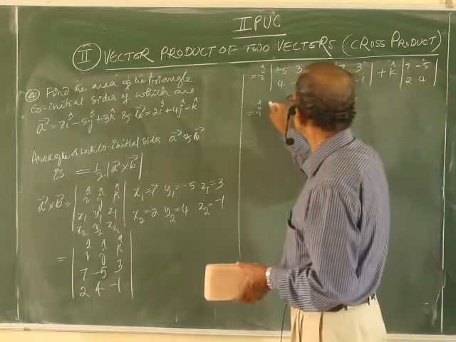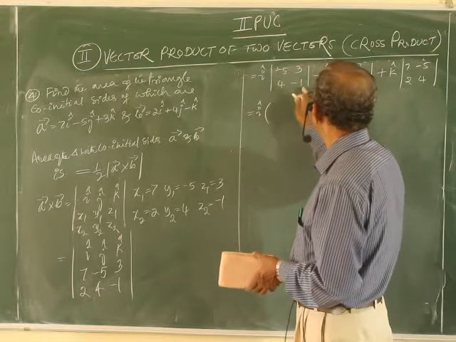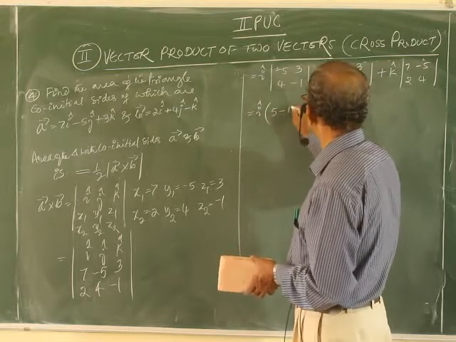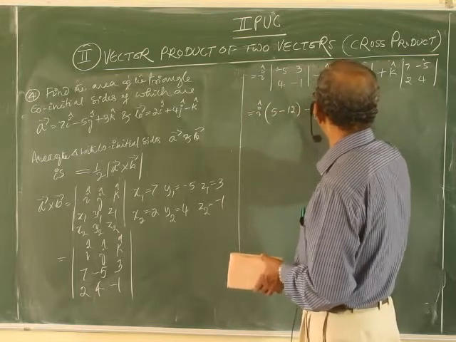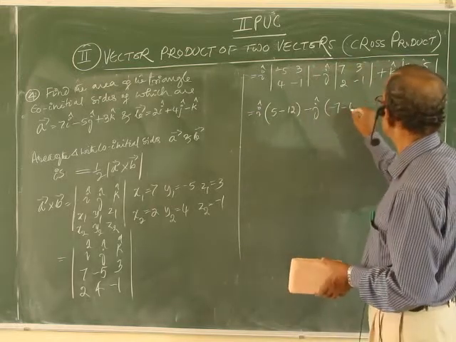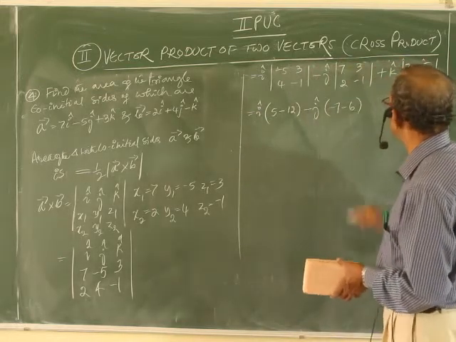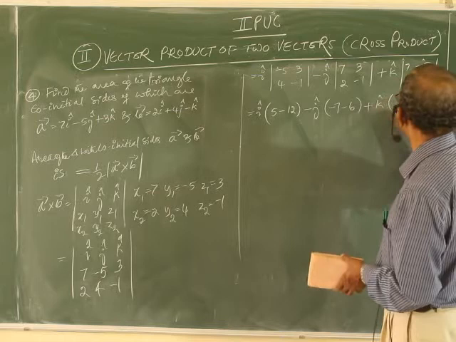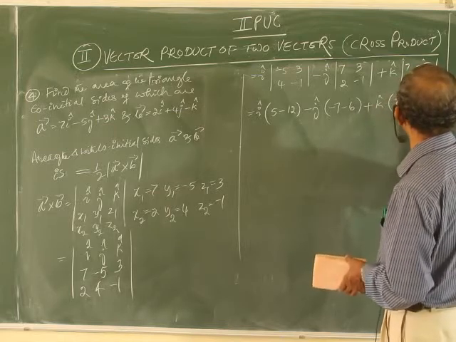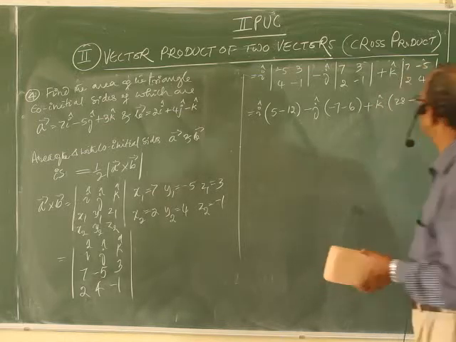I into (5 minus 12), j into (minus 7 minus 6), k into (28 minus of minus 10).